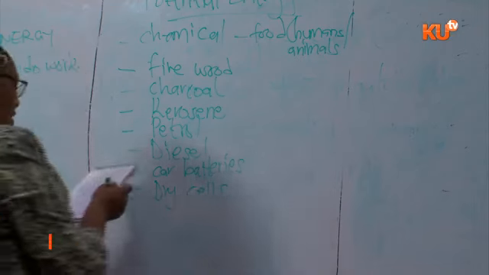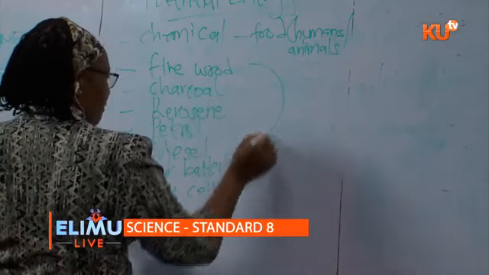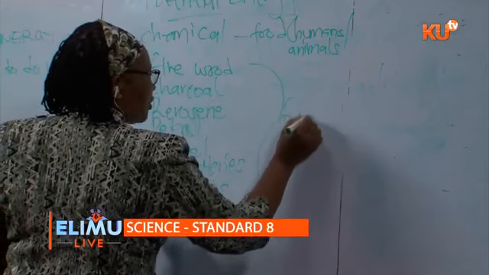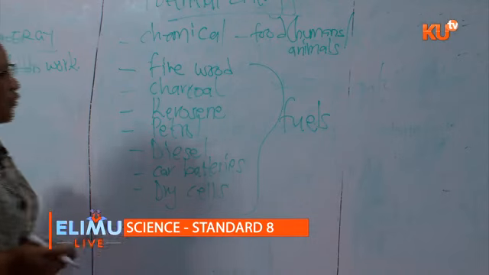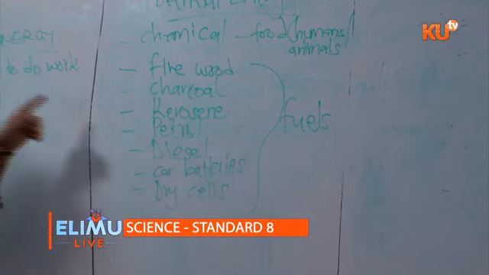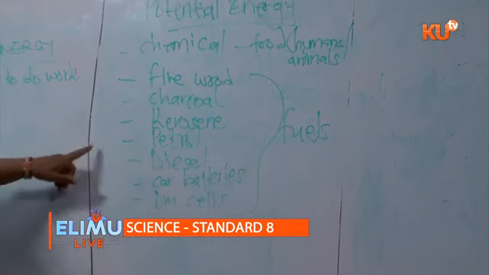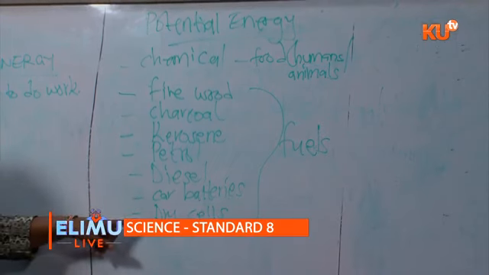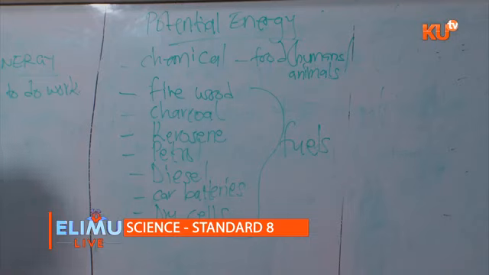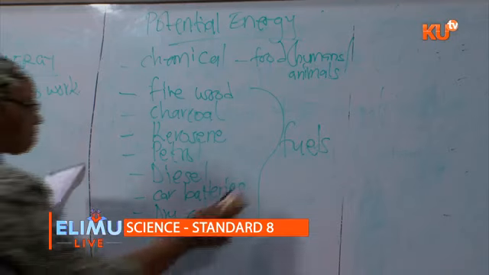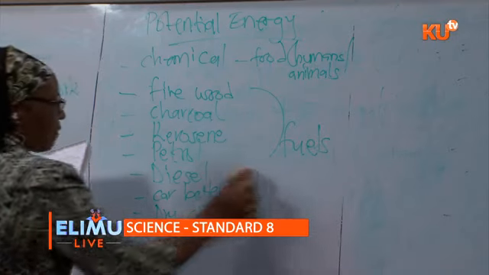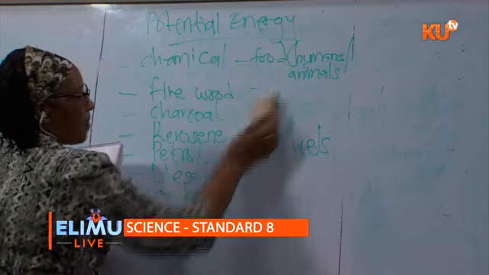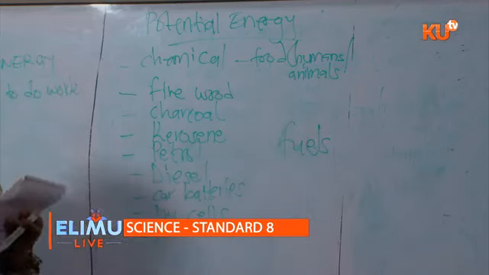So this is what we call fuels. So the fuels: firewood, charcoal, kerosene, petrol, diesel, car batteries, and dry cells. Correction there.